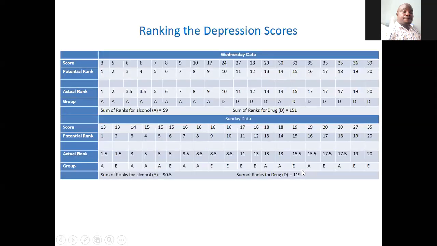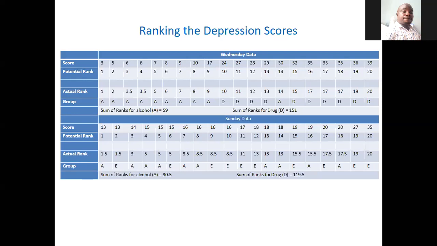Look at the sum. This smaller value is the Wilcoxon statistic. The formula you see there is the Mann-Whitney U. So for Wednesday, the Wilcoxon is 59, for Sunday it is 90.5. The smaller value, when you sum the ranks for the two groups, is the Wilcoxon statistic.